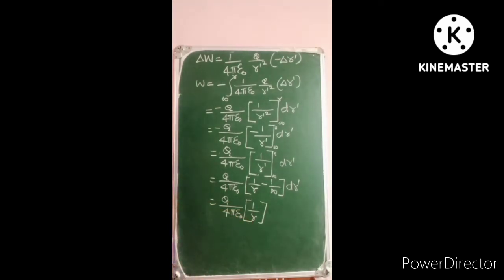This is nothing but the expression for work done. Work done, W is equal to Q by 4 pi epsilon naught into 1 by R.